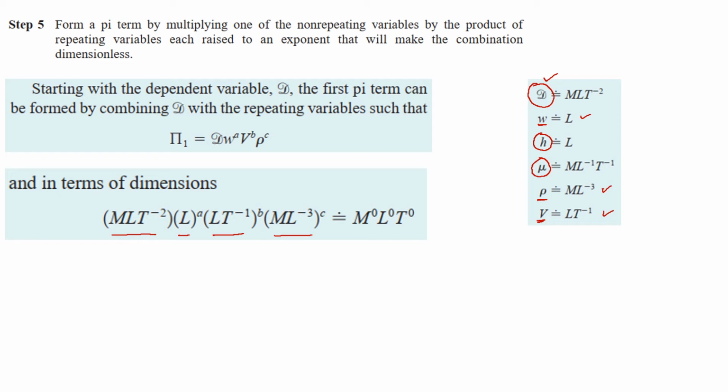So in terms of dimensions, I am representing the pi terms and equating them to my 3 reference dimensions, and I have raised their power to 0, so that the right hand side must be equal to a term that is dimensionless.